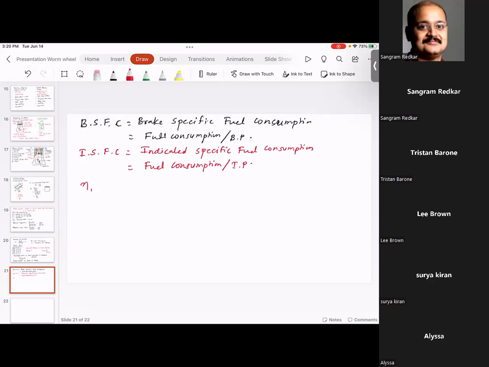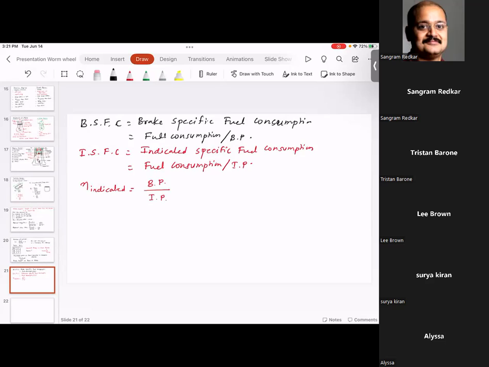Indicated efficiency is equal to the brake power divided by the indicated power.